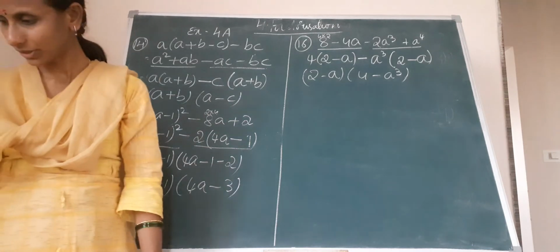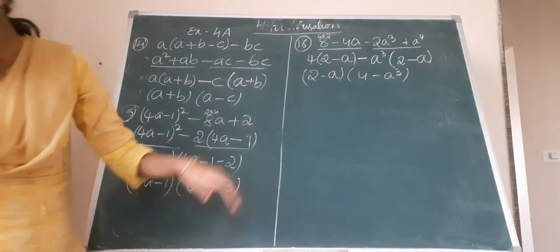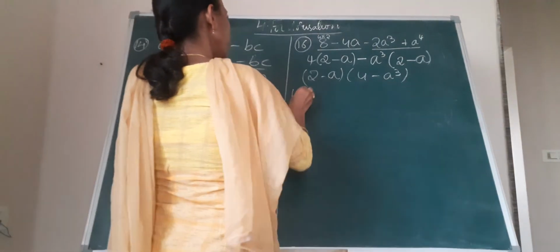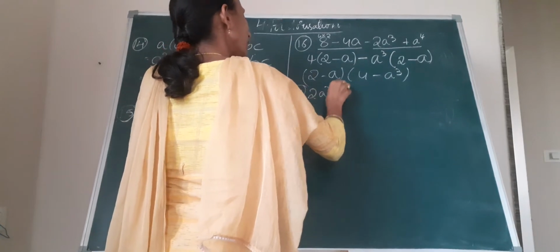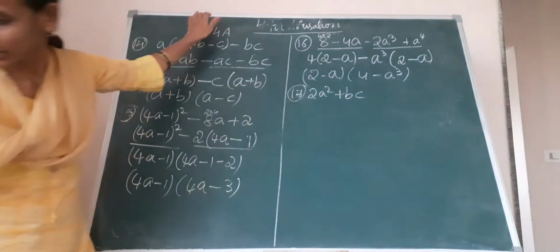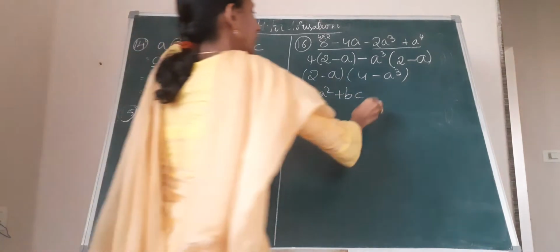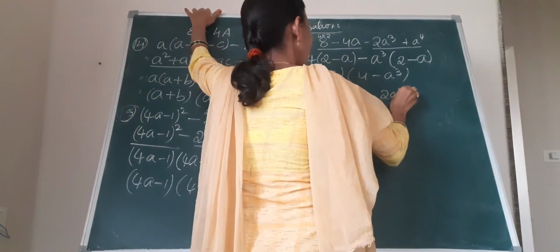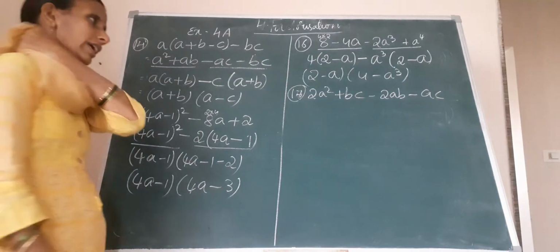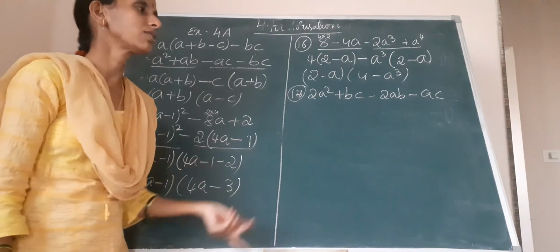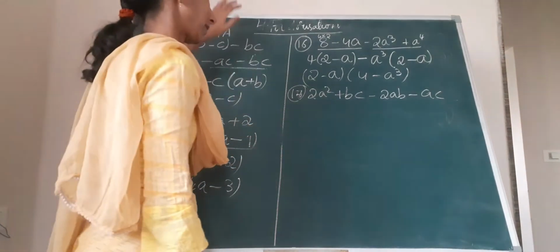So our next question is 2a square plus bc minus 2ab minus ac. So 2a square plus bc minus 2ab minus ac.